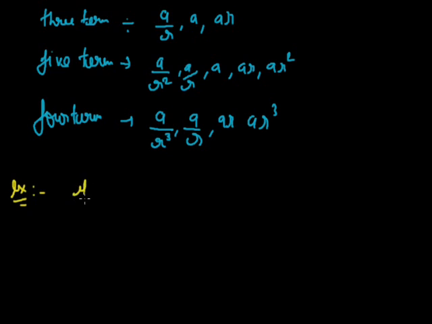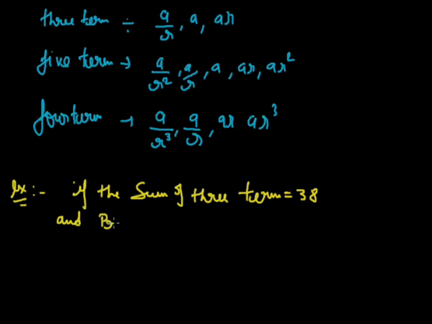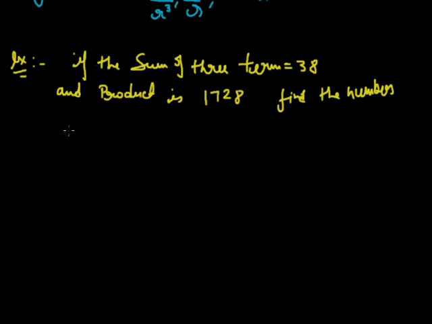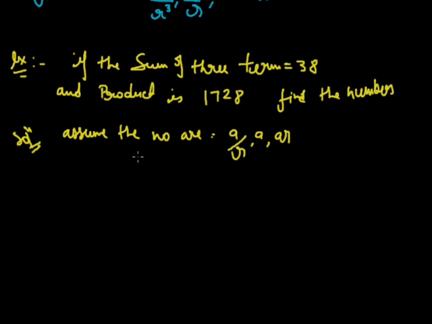Example: if the sum of three terms is equal to 38 and the product is 1728, find the numbers. Assume the numbers are a upon r, a and ar.